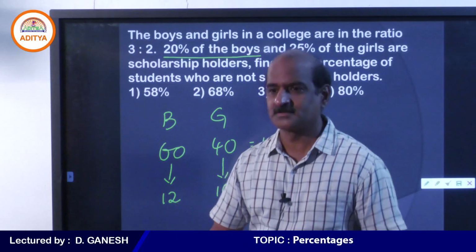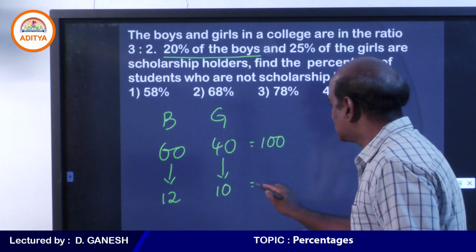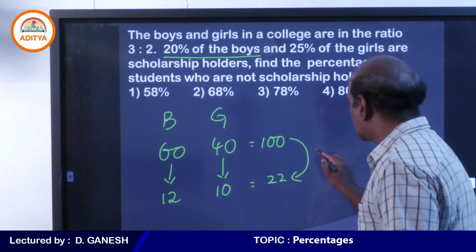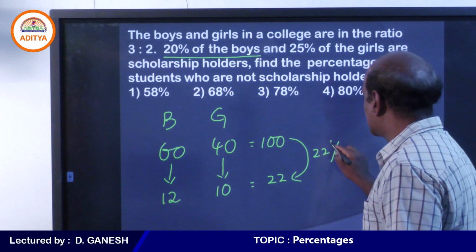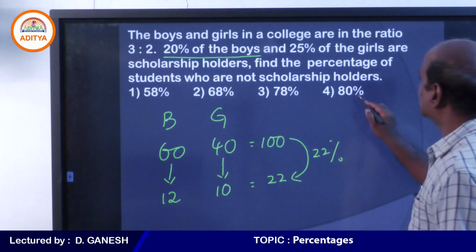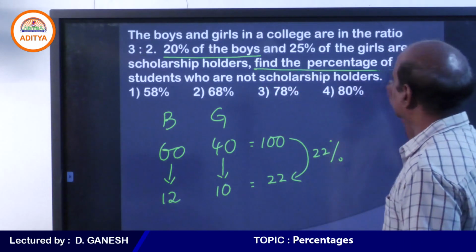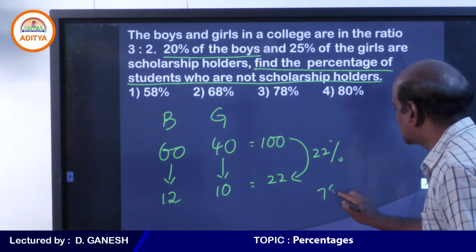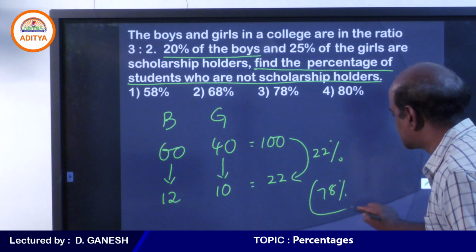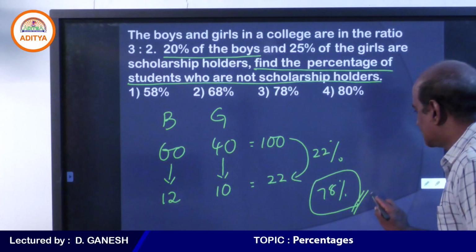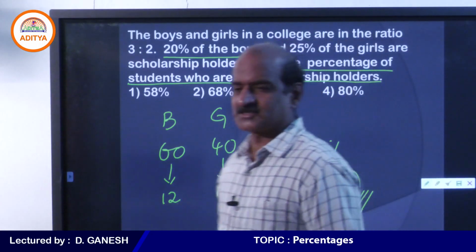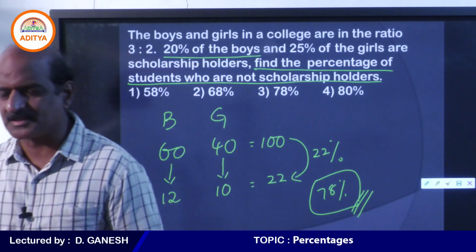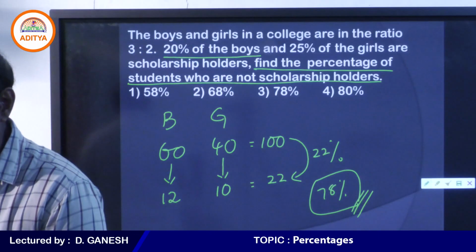So 12 plus 10, so we have 22 getting scholarship. So out of 100, when 22% are getting scholarship, you are asked to find the percentage of students who are not scholarship holders. Your answer must be 78%. So when 22% are scholarship holders, we can take that 78% are not scholarship holders.